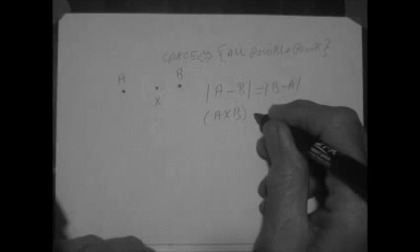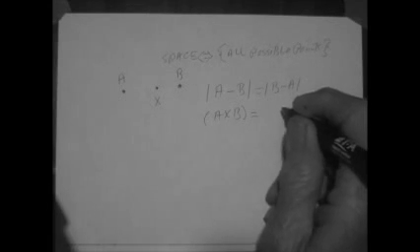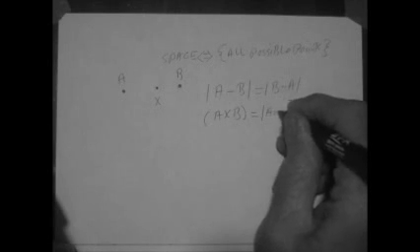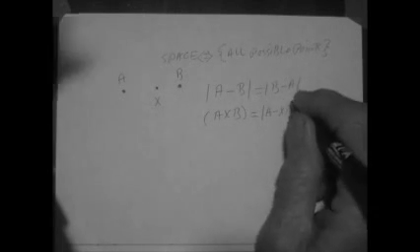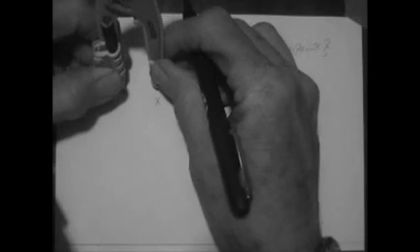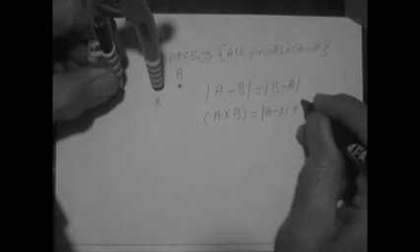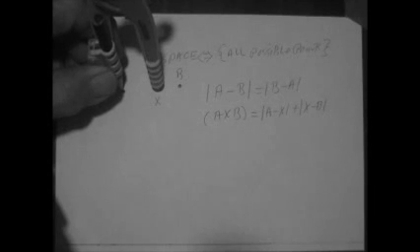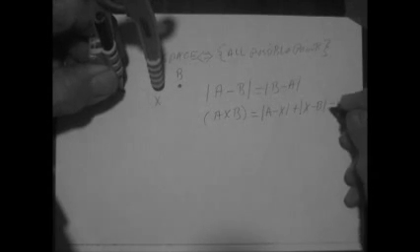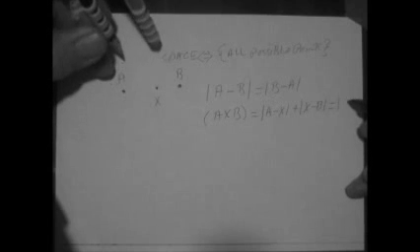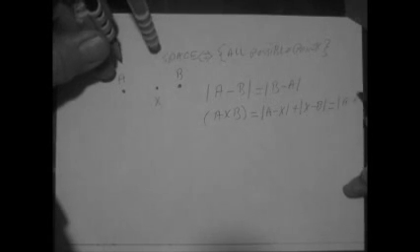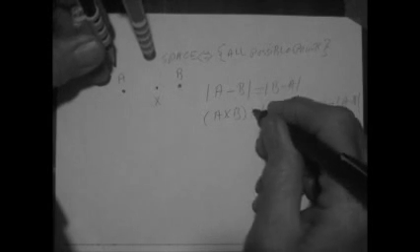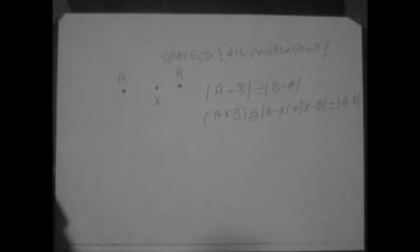And I mean by that the distance from A to X plus the distance from X to B is equal to the distance from A to B. And that's what I mean by in between.